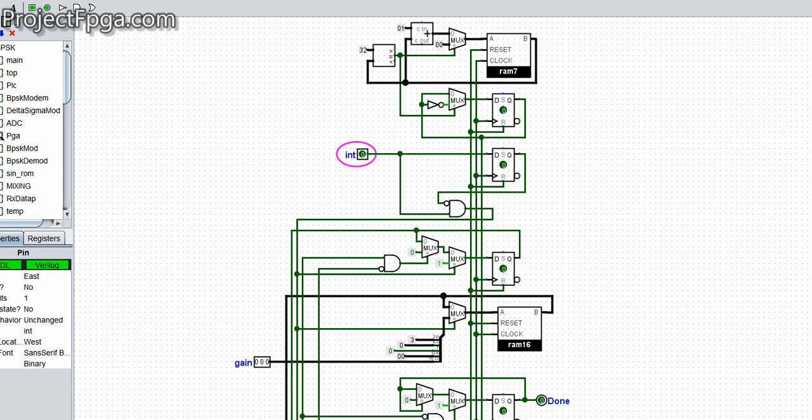So what actually happens here is this. Now see this AND sub-circuit here. The reason we have this AND sub-circuit instead of just having the interrupt is because of double triggering. We want this interrupt to occur like a pulse instead of staying on continuously. If you turn this interrupt on, it stays on for a long time.